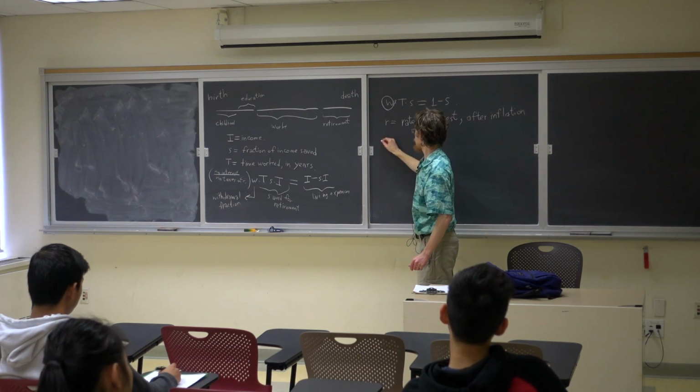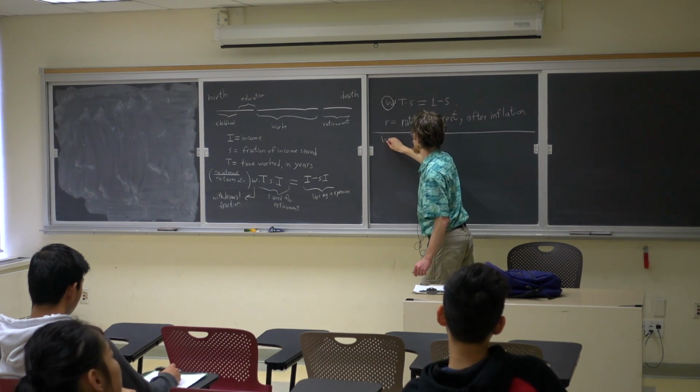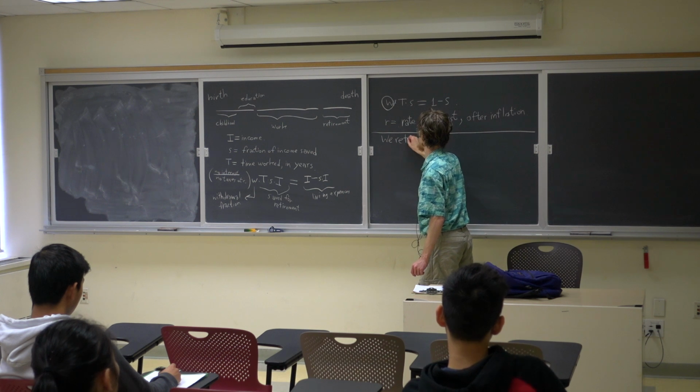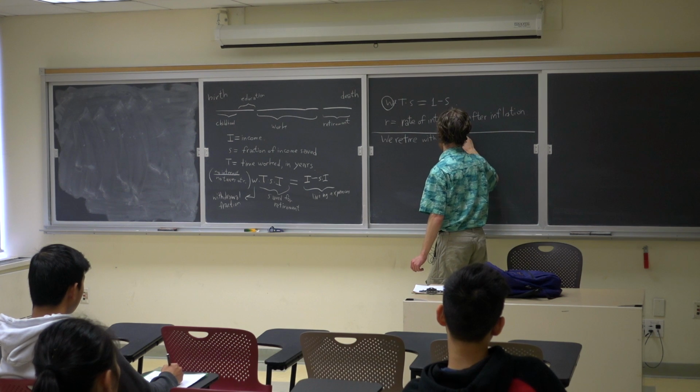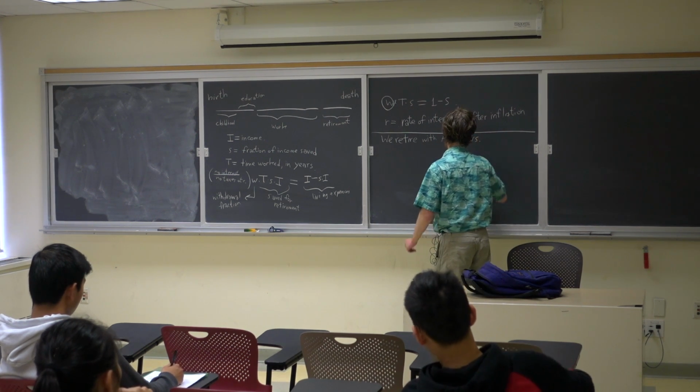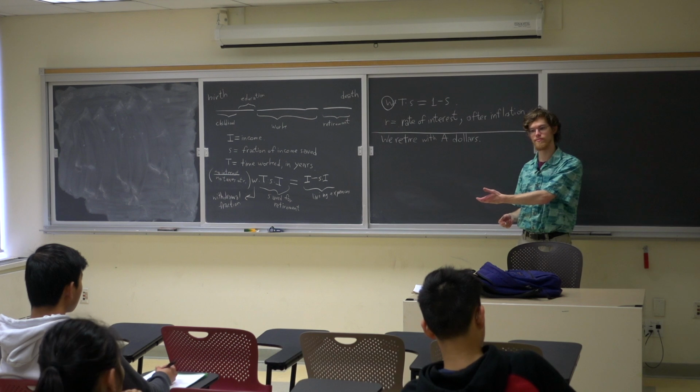Imagine I'm going to solve the W problem. We retire with A dollars. A is the amount of dollars I have.